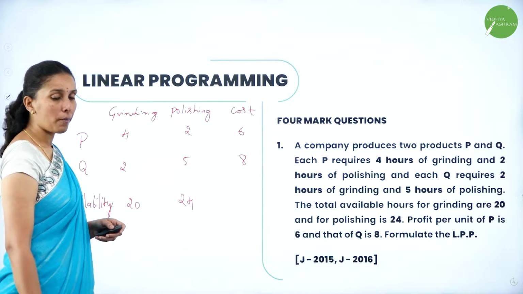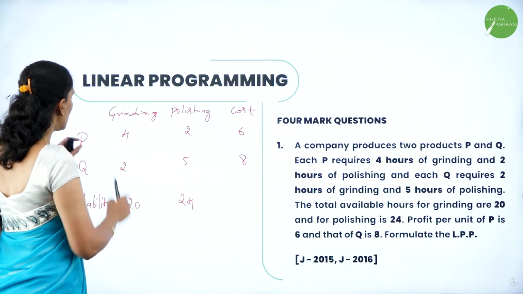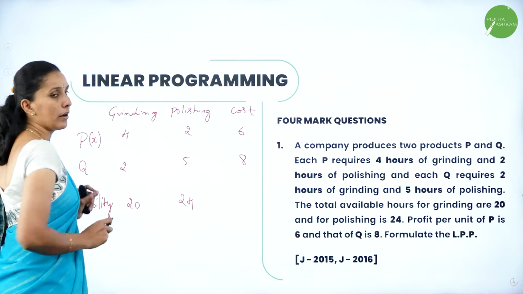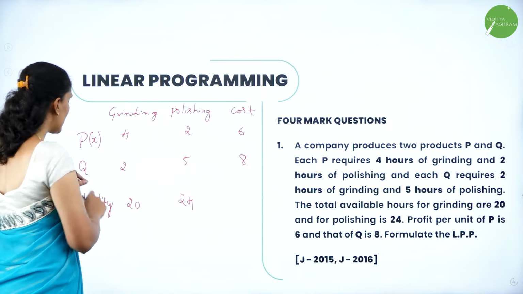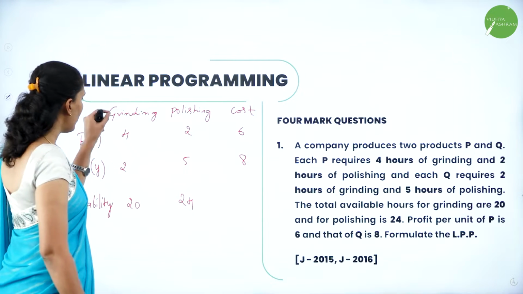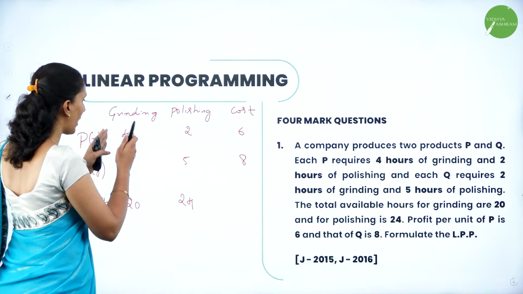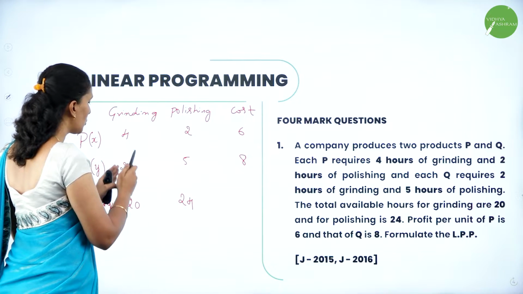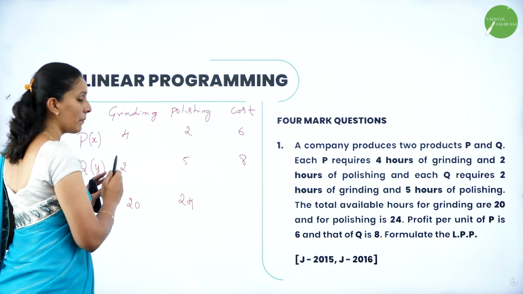Now we need to formulate the given LPP. So let me take the number of products produced, that P is x and product Q be y. Then from this you can see for grinding, P takes 4 hours, Q takes 2 hours. So the maximum availability is 20.